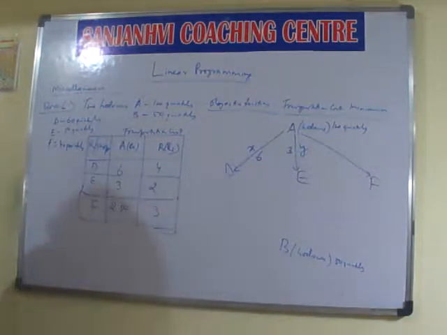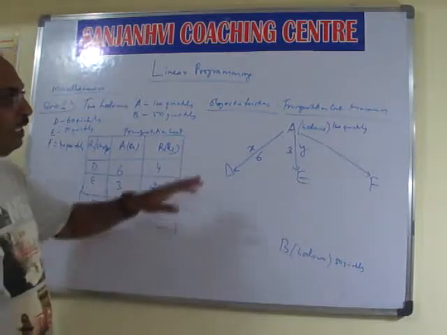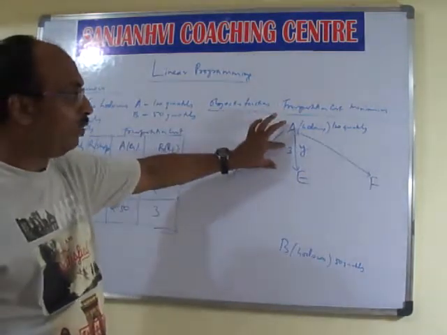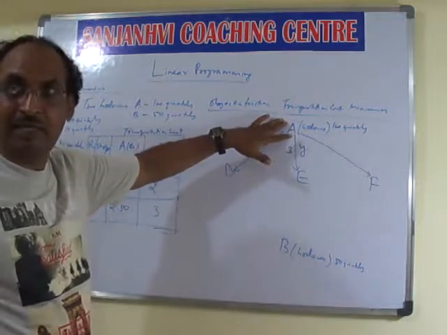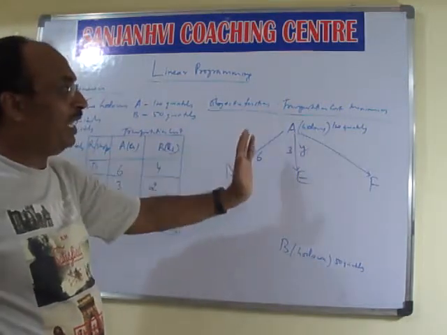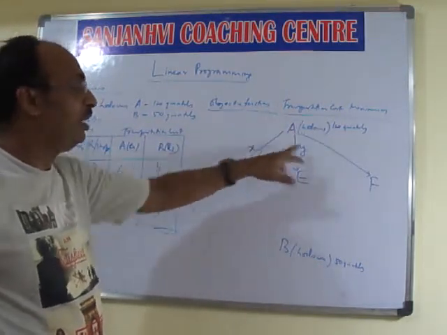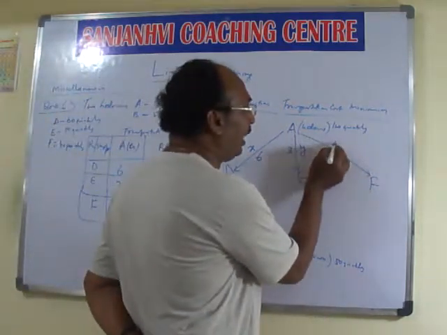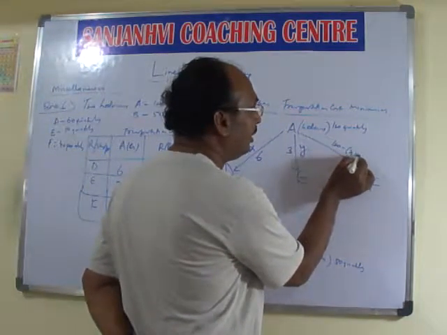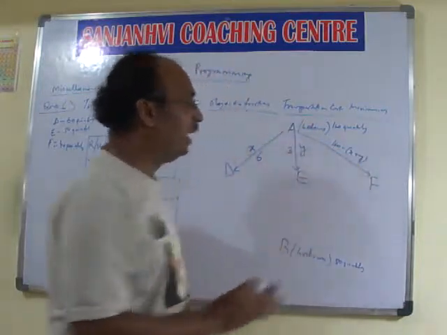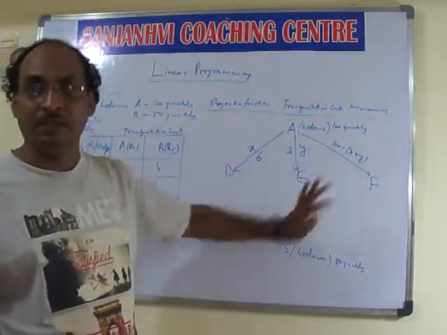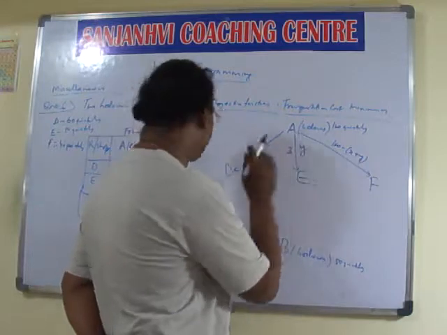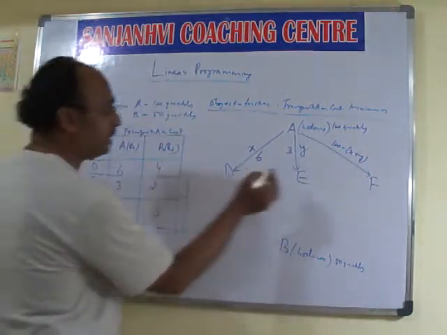X and Y only, two dimensional only. If A has already supplied X and Y, the balance is 100 minus X minus Y. So it supplies 100 minus X plus Y, that is 100 minus (X plus Y), to F, at transportation cost 2 rupees 50 paise.